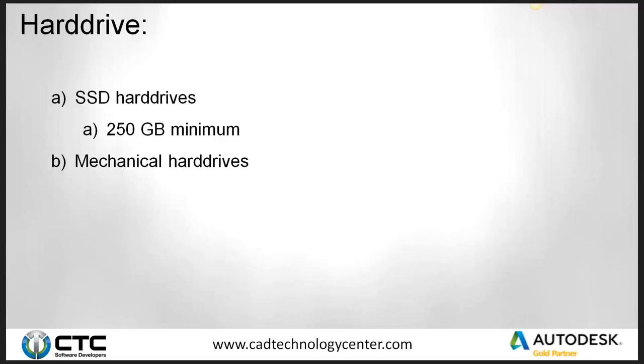As you know, Windows likes about 20 gigs of free hard drive space on your machine for copying temporary files and moving them back and forth. So try to always keep your machine at a max of 80% full to have things run smoothly. So hard drives: minimum 250 gig hard drive just to run the software on your C drive.